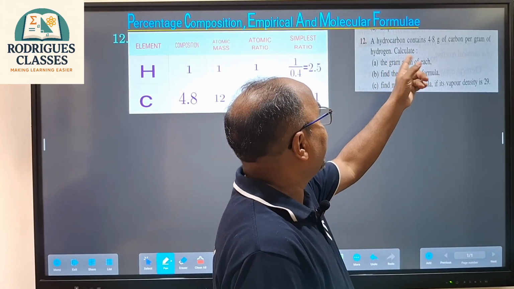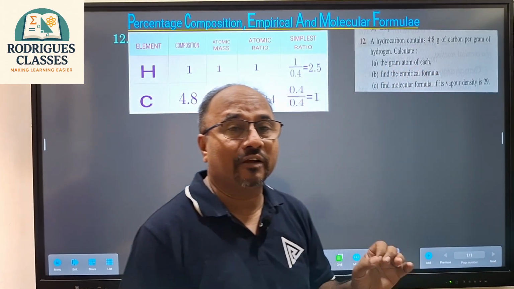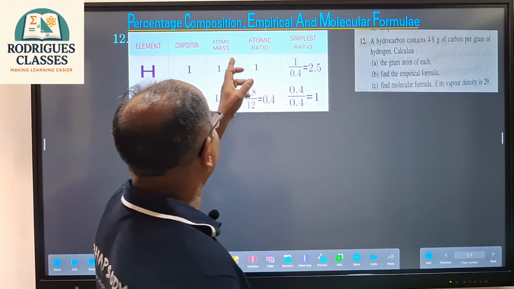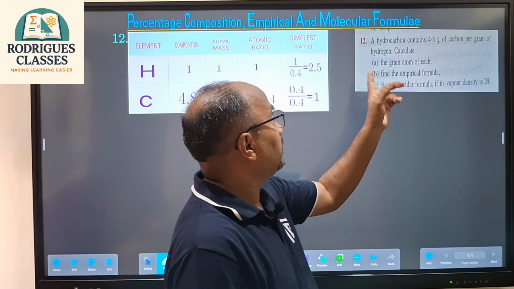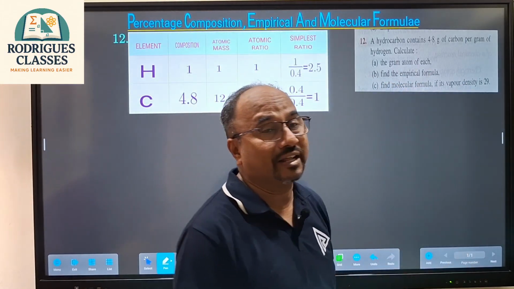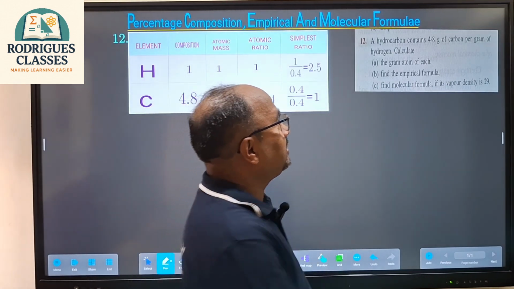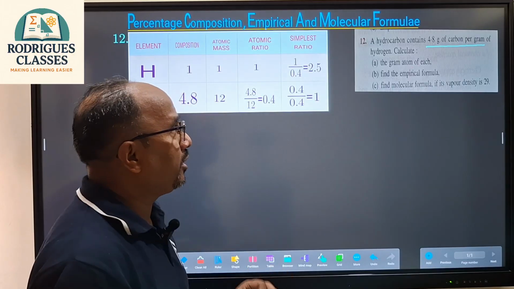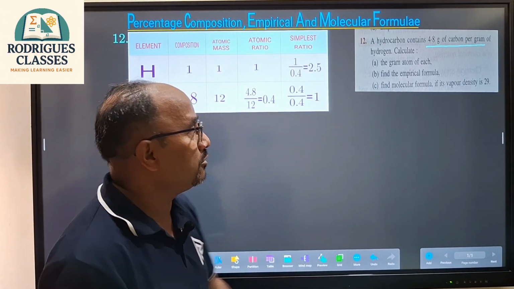Okay. Calculate the gram atom of each. We have to find the gram atom of each, which is the same as this atomic ratio. Find the empirical formula and then the molecular formula if its vapor density is 29. Main thing is how to relate this part. So it is 4.8 gram of carbon per gram of hydrogen.